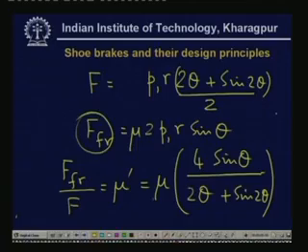So, we see that mu prime is not equal to mu, but multiplied by this factor, and this factor is greater than 1, as you can always see.